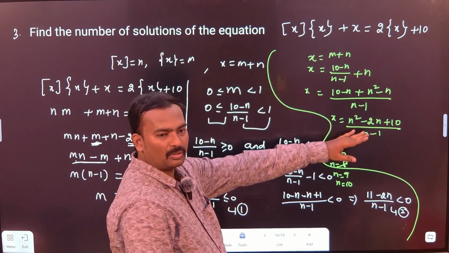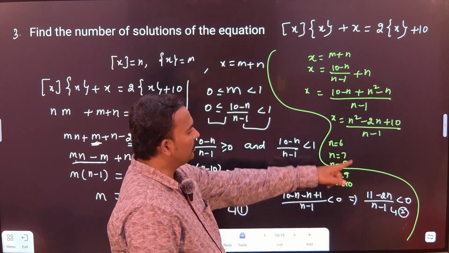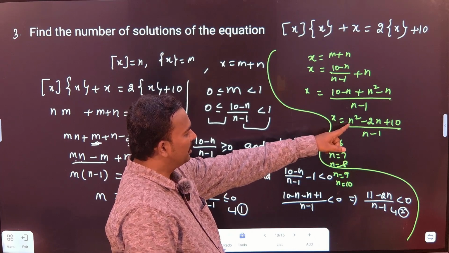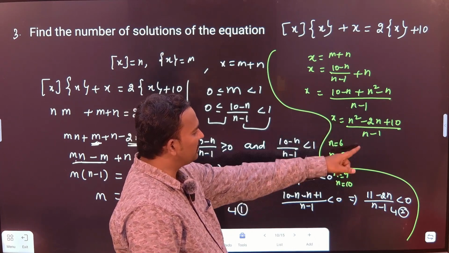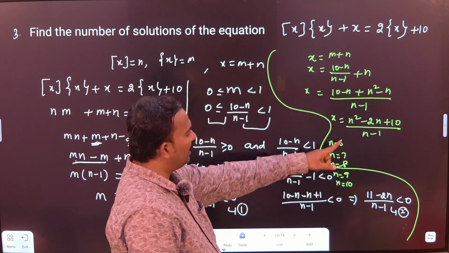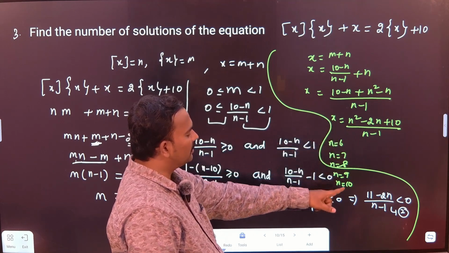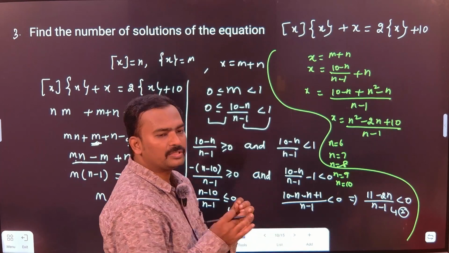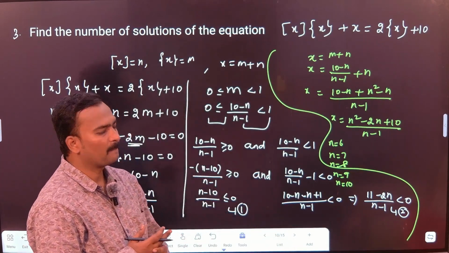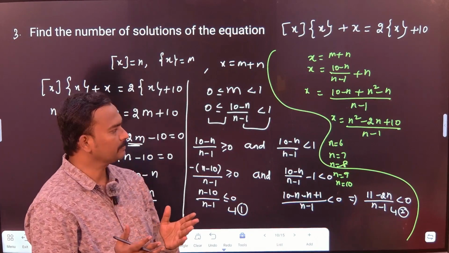Because I took more than a one hour class, just you can solve it. If you put n is equal to 6, you can find one solution because it is defined. And n is equal to 7, 8, 9, 10. There are 5 different solutions possible, 5 real solutions. Understand?